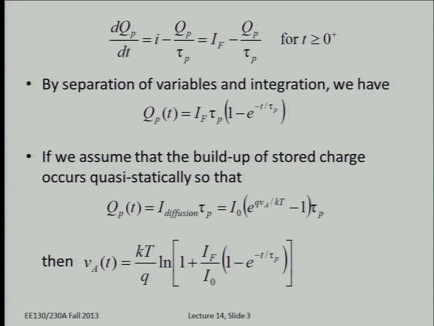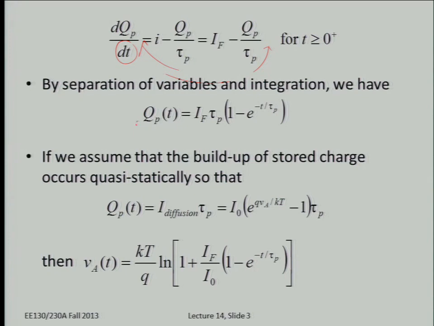If we take this continuity equation and move the dt to the right, move tau sub p to the left, and multiply both sides by tau sub p, we can integrate from time t equals 0 to t.